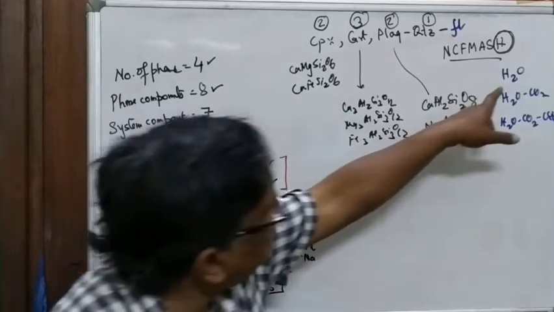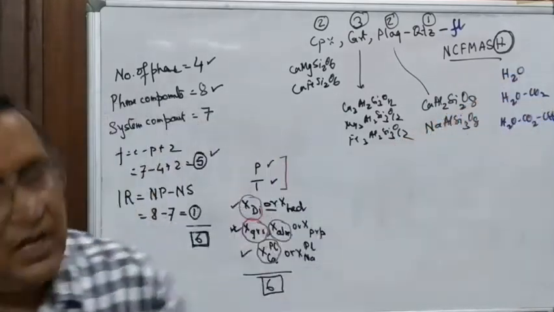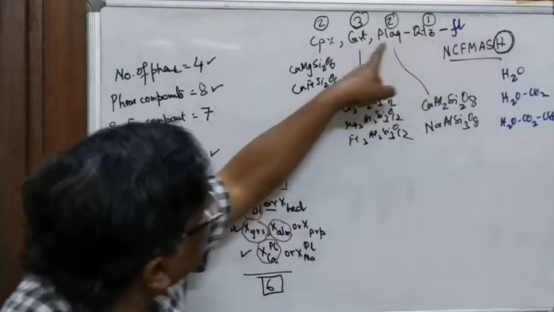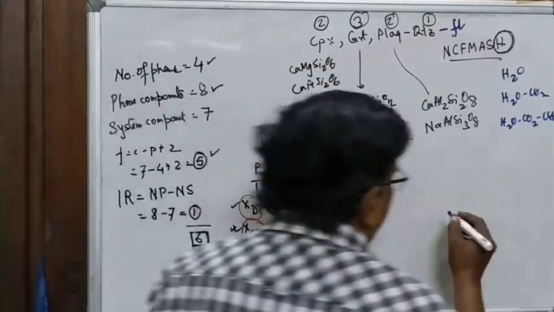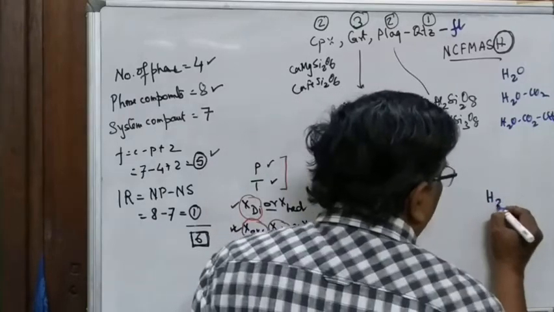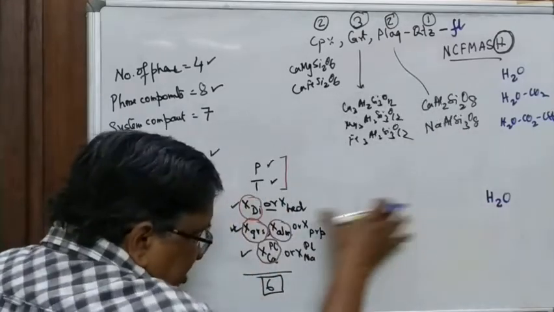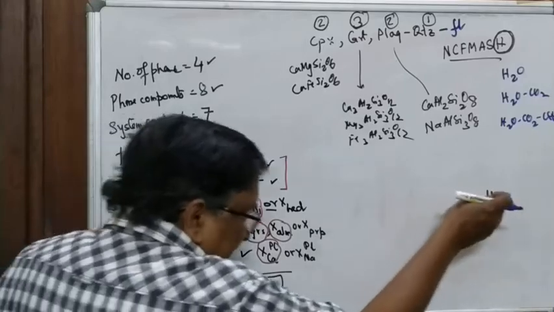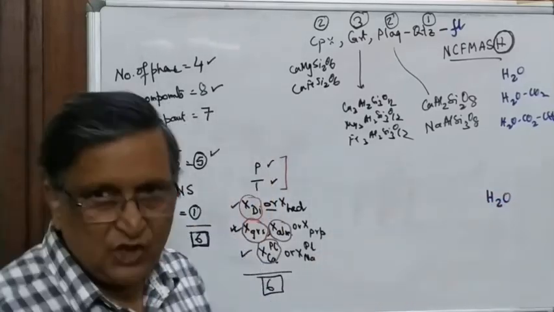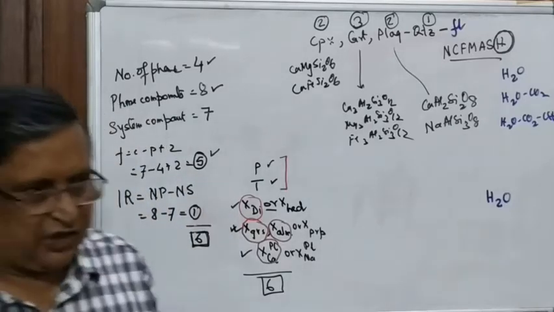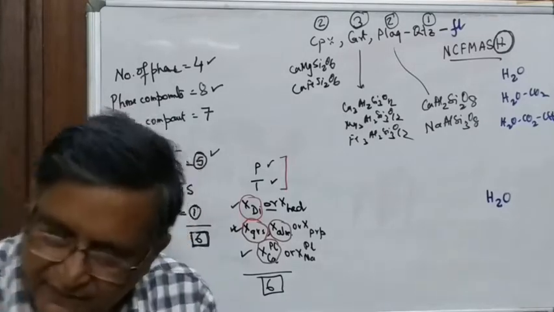But I will not be able to find out anything like this. If I have to write a reaction involving H2O, H2O should be balanced between left and right. If it is not there, then the reaction cannot be written and the quantification cannot be done.